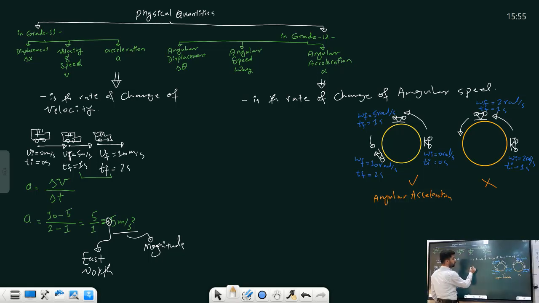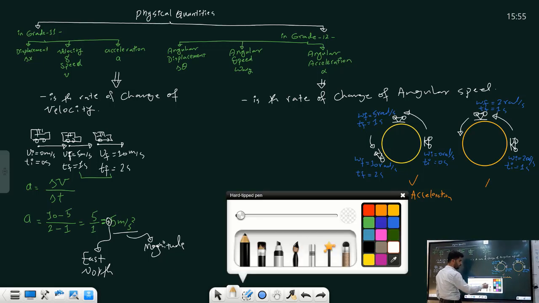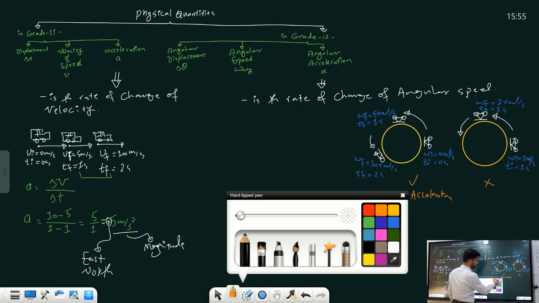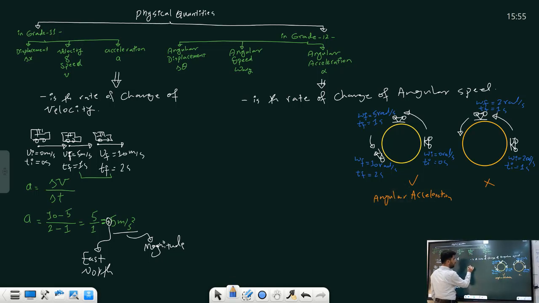Now I am going to tell you how to determine angular acceleration. Angular acceleration is denoted by alpha, a Greek symbol used to represent angular acceleration. Alpha is equal to the change in the angular speed divided by the change in the time interval.